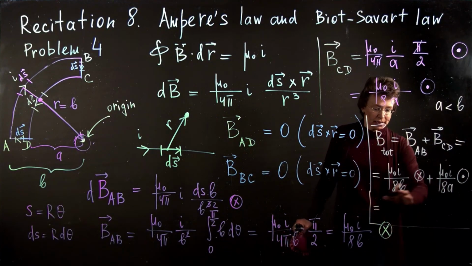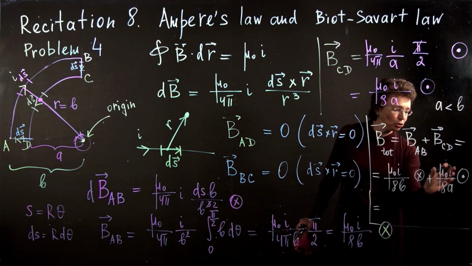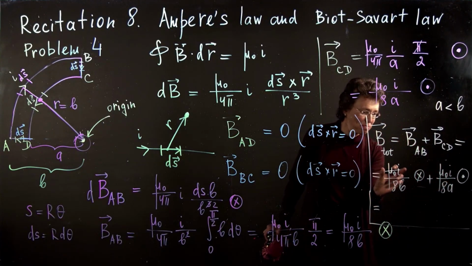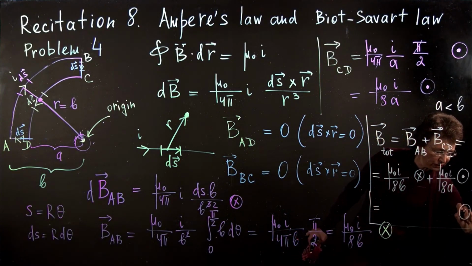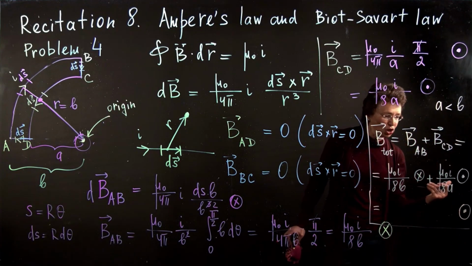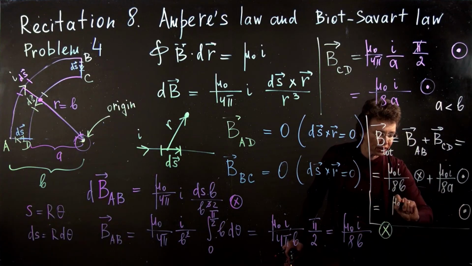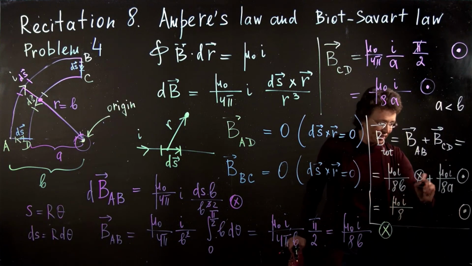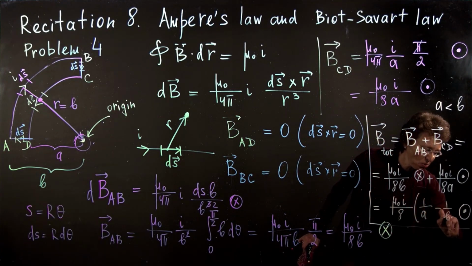So A is less than B, then the magnitude of this guy is greater than magnitude of that guy. So the net direction of the magnetic field after we add these 2 as vectors will be out. And my final expression will be mu naught I over 8, and then 1 over A minus 1 over B.